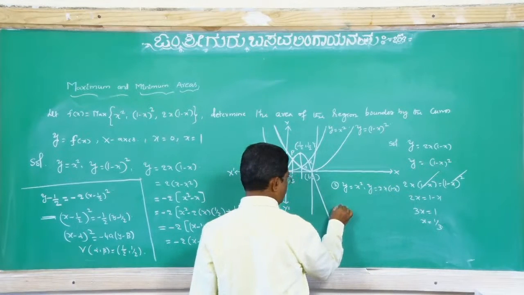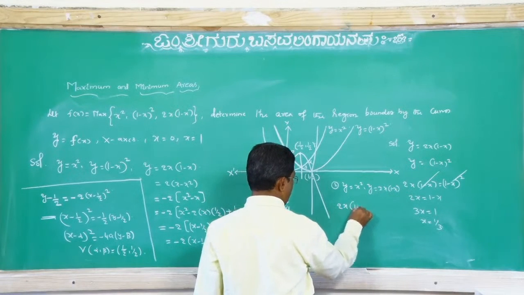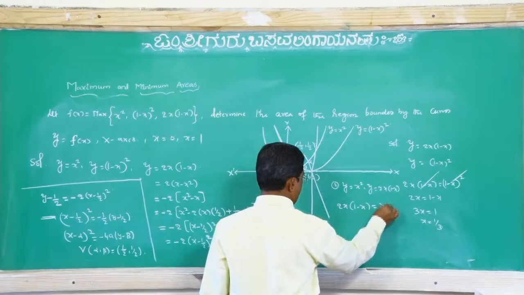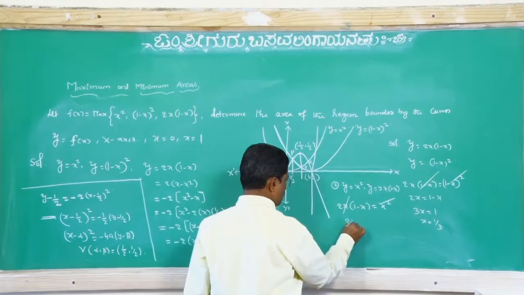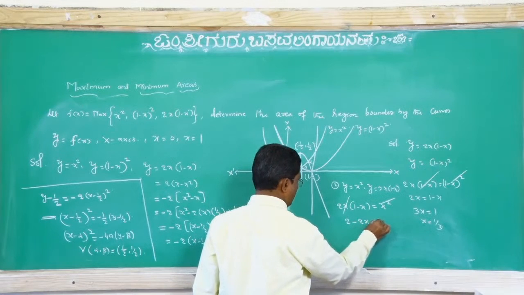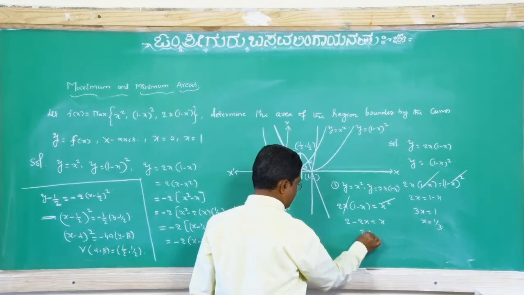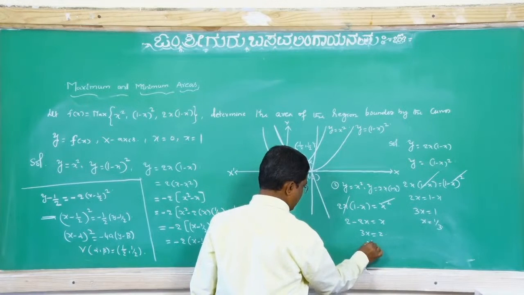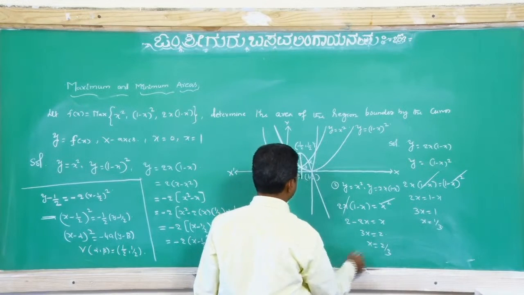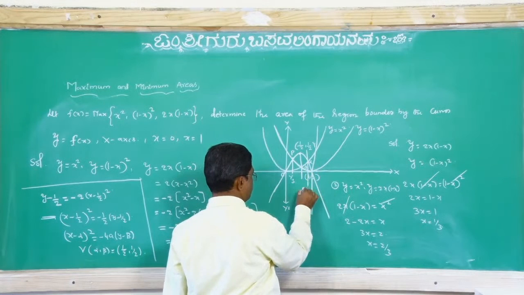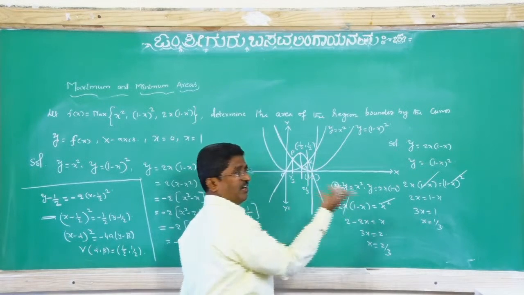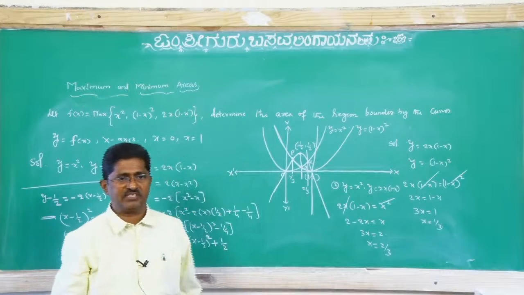Solving these two curves, 2x into (1 minus x) is equal to x square, x gets cancelled. 2 minus 2x is equal to x, so 3x is equal to 2, x is equal to 2 by 3. This point of intersection is 2 by 3. The last point is already given as 1, so the remaining points are not necessary.